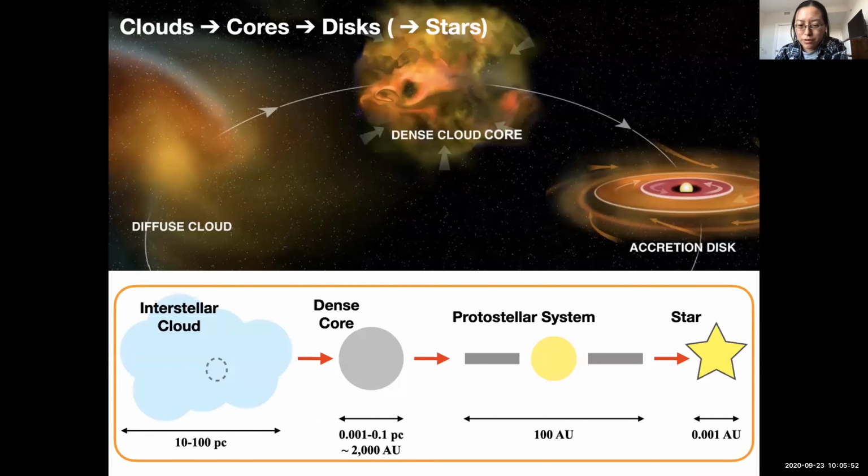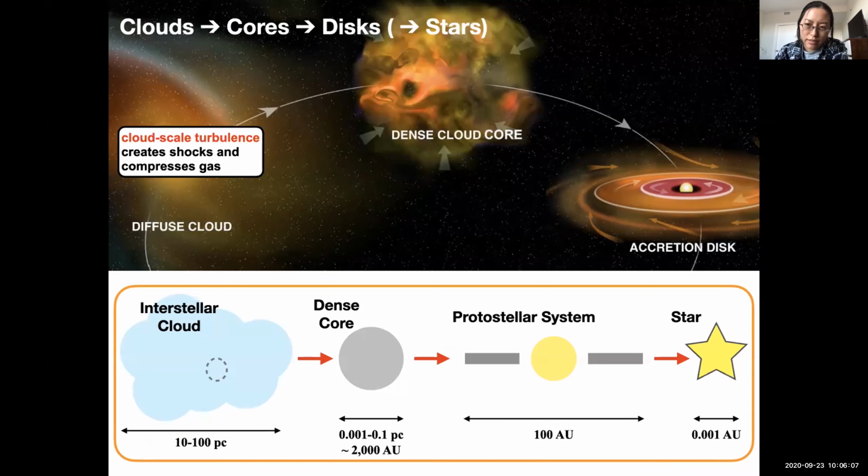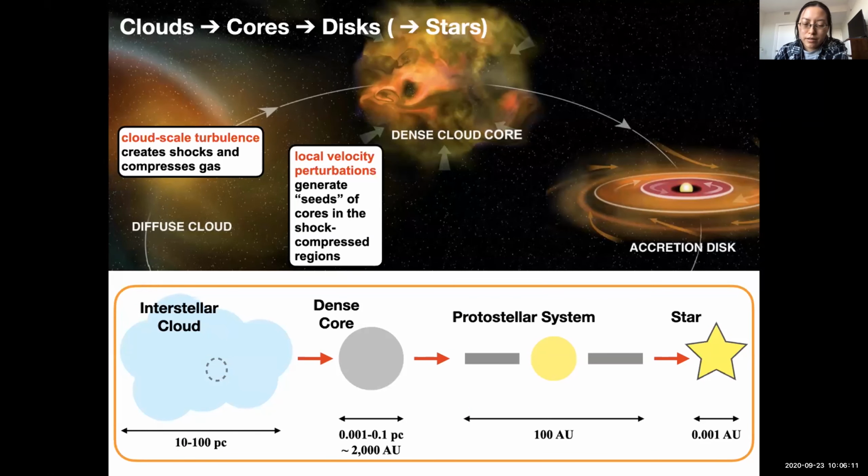Let's go back to this four-stage star forming picture and ask, what role does turbulence play during this process? A rough overview is, first, the large-scale turbulent flows collide with each other and compress gas to form some overdense regions. Then, because the velocity structure is not smooth and not uniform in the cloud, some regions will be more compressed than other regions.